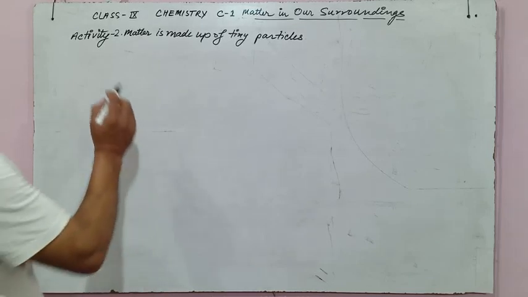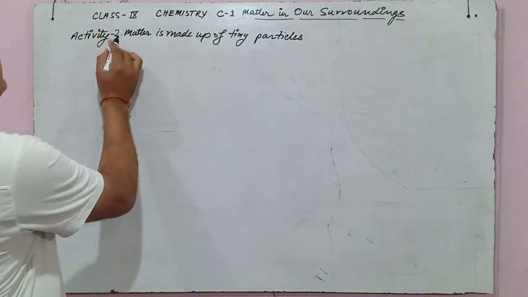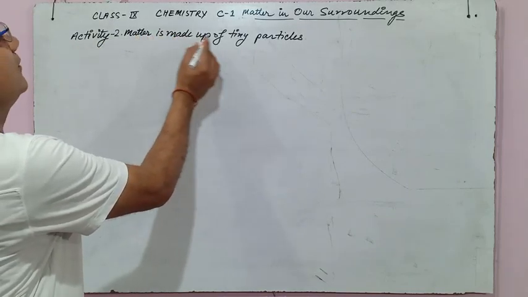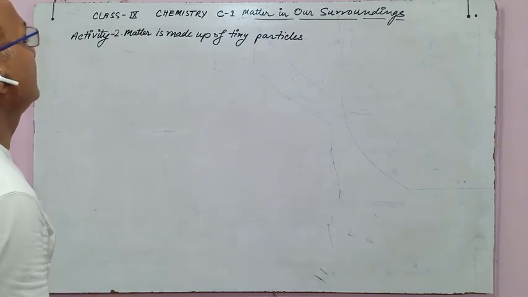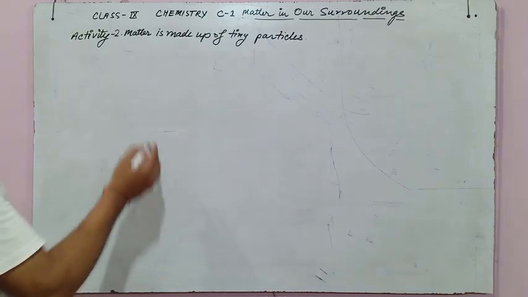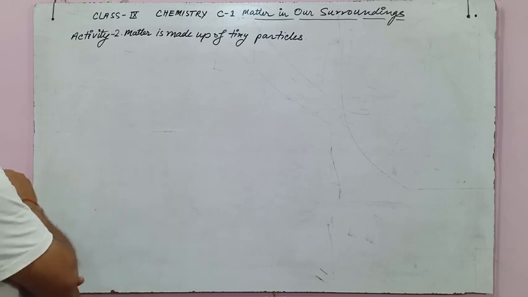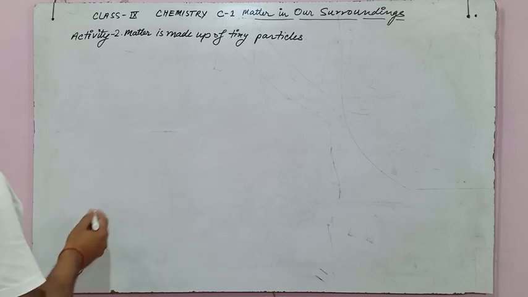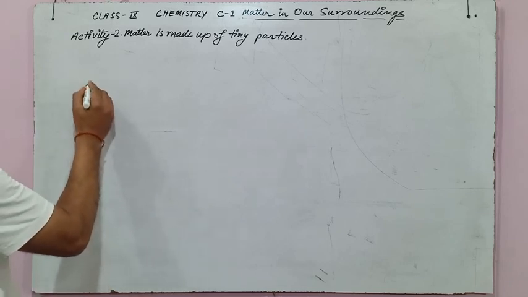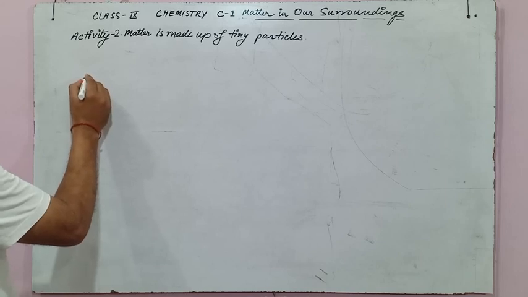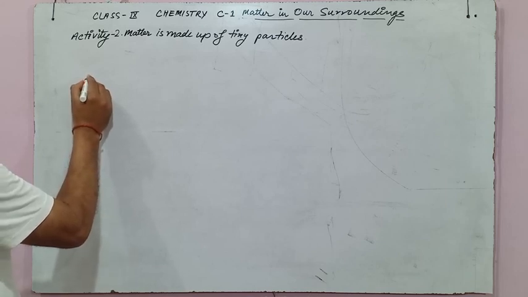Now this is the second activity. Matter is made up of tiny particles. So let us try to understand how matter is made up of tiny particles. For this, take 100 ml water in a beaker.